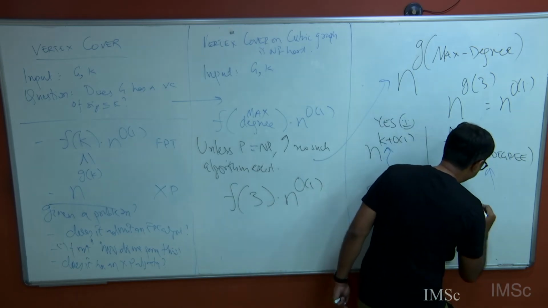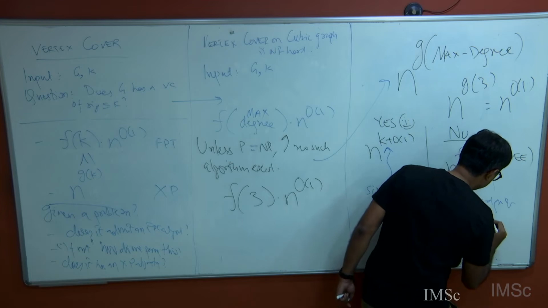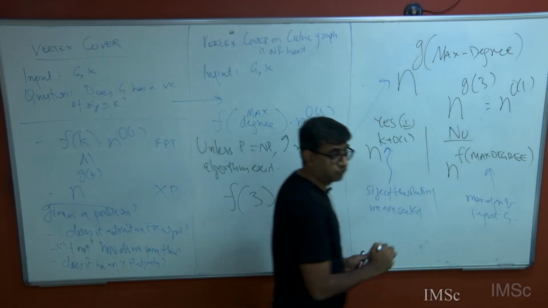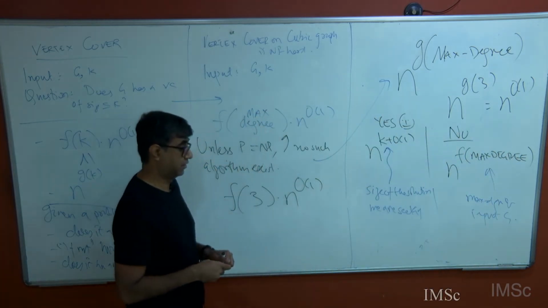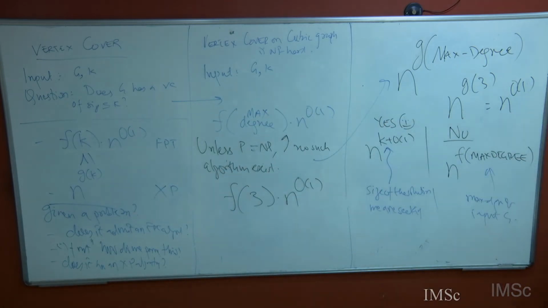It's the maximum degree of the input. So we are saying very many things. Just think what we showed. You cannot design any algorithm which can depend on any crazy function of max degree for vertex cover.